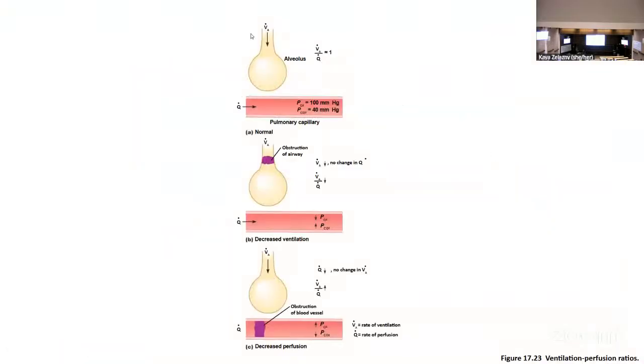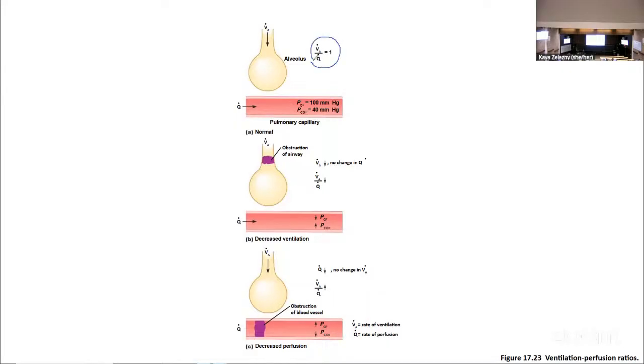Okay. So here we're looking at a couple of different scenarios, and we're looking at those ventilation perfusion ratios. We can see our normal condition up top. We've got our ventilation perfusion ratio of 1, and we can see that we're matching up our breathing, our ventilation, to our perfusion, our blood flow. This creates the normal conditions we expect to see in the blood.